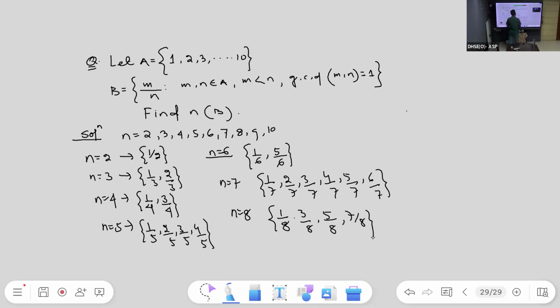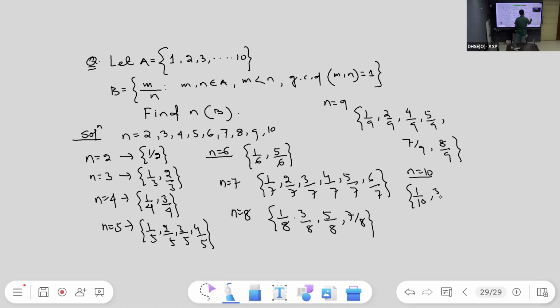For n is equal to 9: 1, 2, 4, 5, 7, and 8 upon 9. For n is equal to 10: 1 upon 10, 3 upon 10, 7 upon 10, then 9 upon 10.